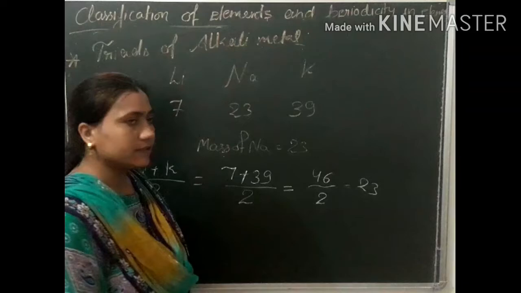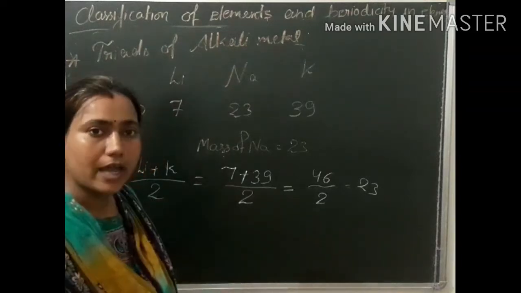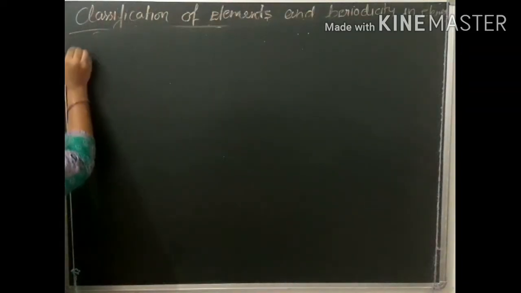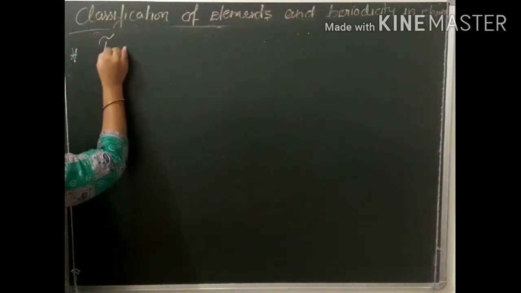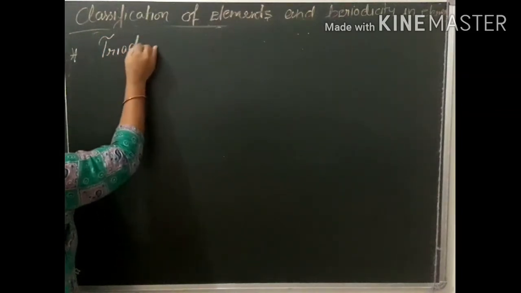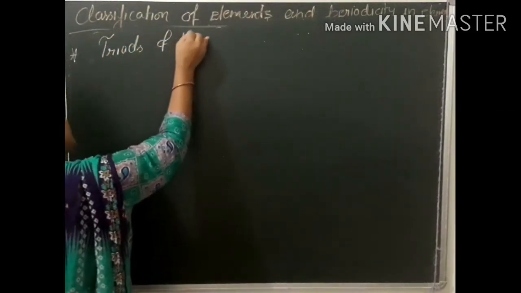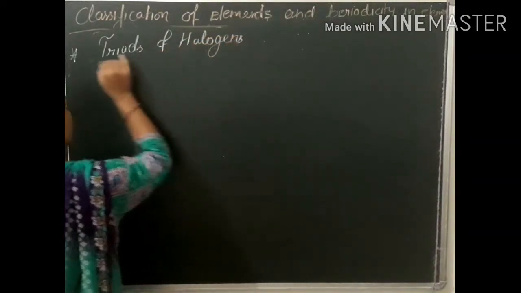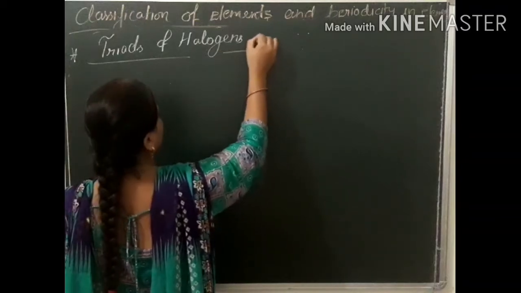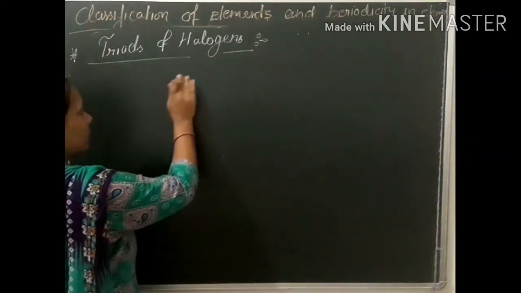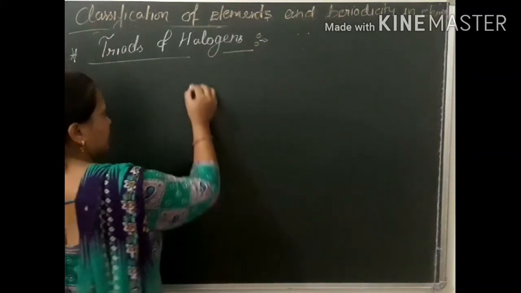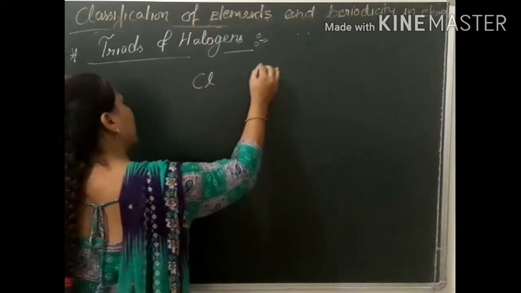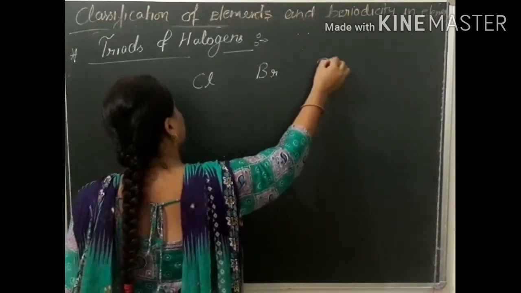Now he gave another triad, the triads of halogens. In the halogen family he gave chlorine, bromine and iodine.